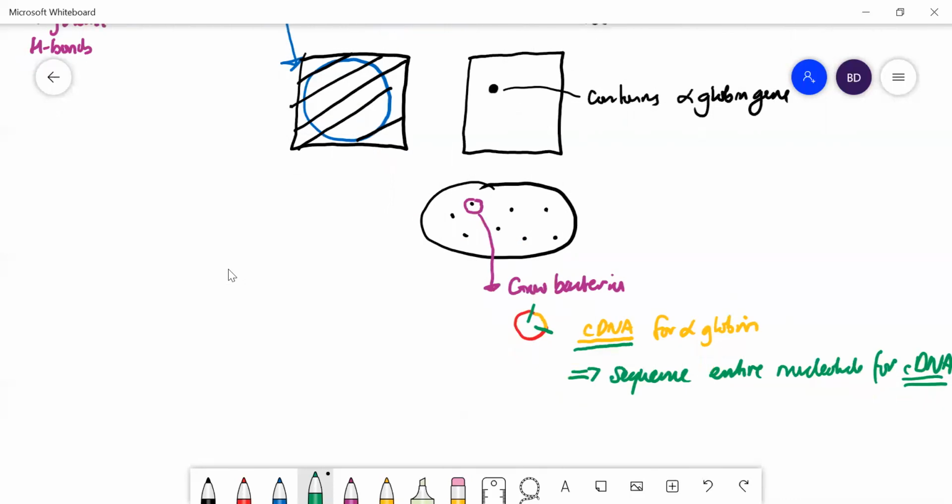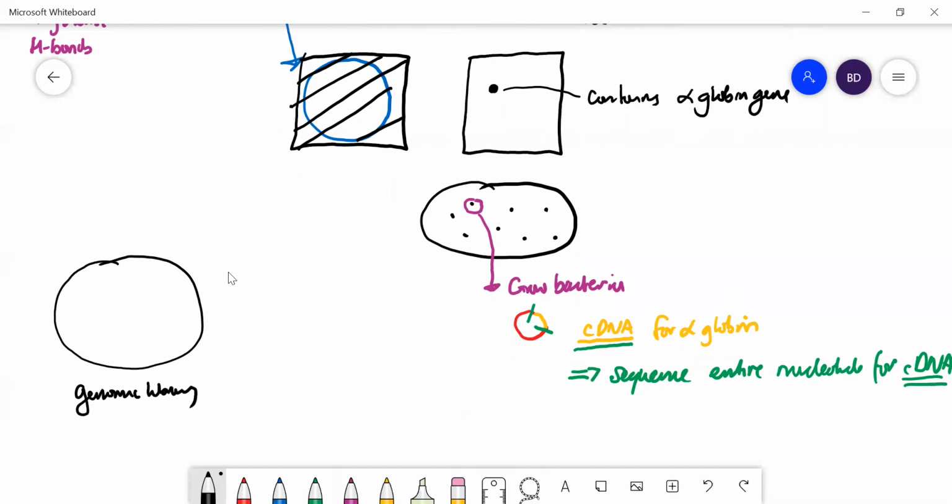So here's our genomic library. Got all our little spots on there. You can use this bit of cDNA to make, and you can label it with 32P nucleotides. That cDNA is used as a probe.